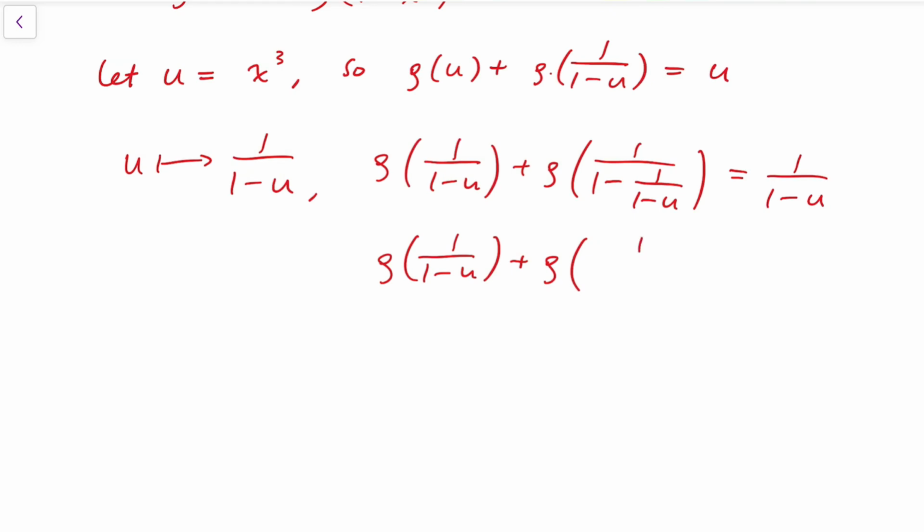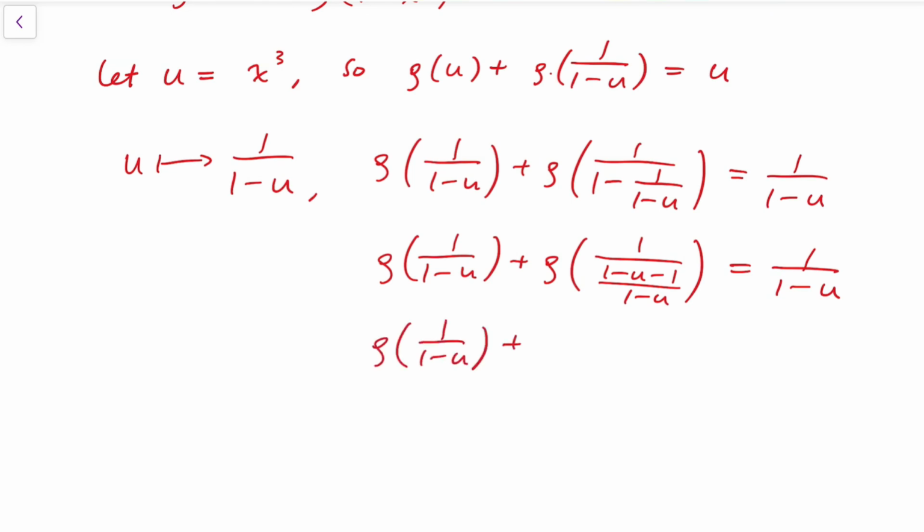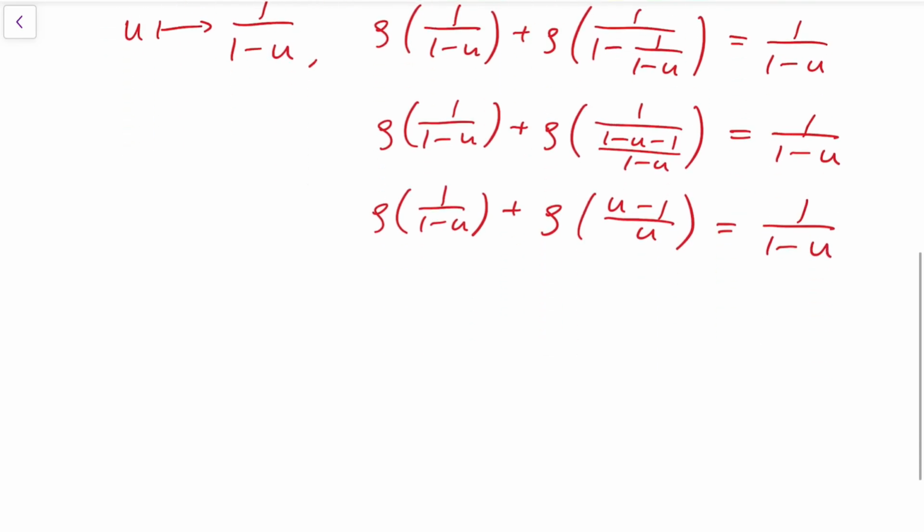So simplifying, the second term becomes g of 1 over 1 minus u minus 1 over 1 minus u. And so actually it will become u minus 1 over u inside the second bracket.